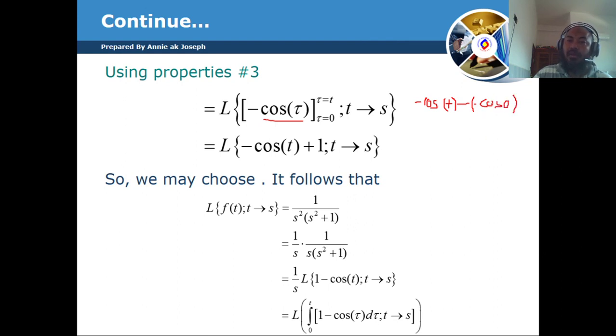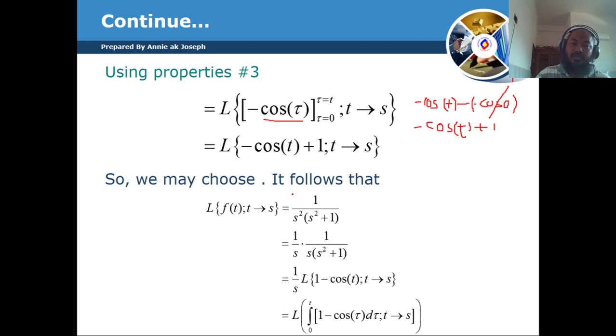Cos 0 is 1, so minus and minus is plus, giving minus cos t plus 1, right?